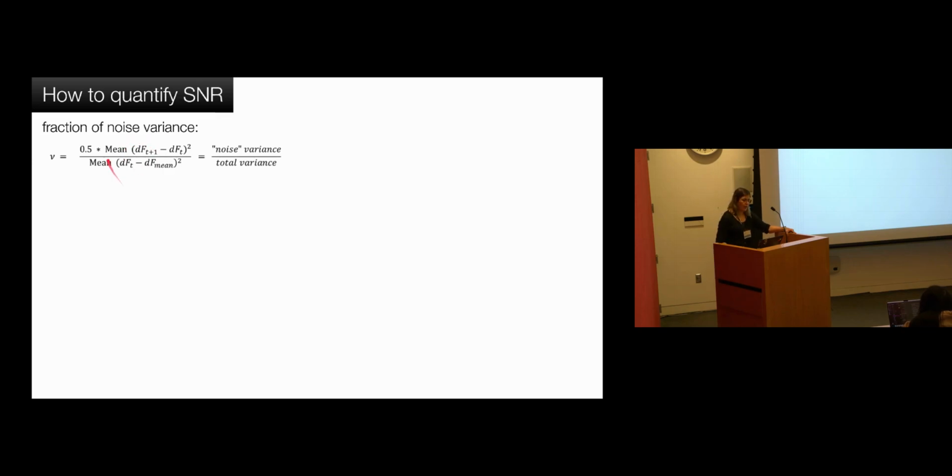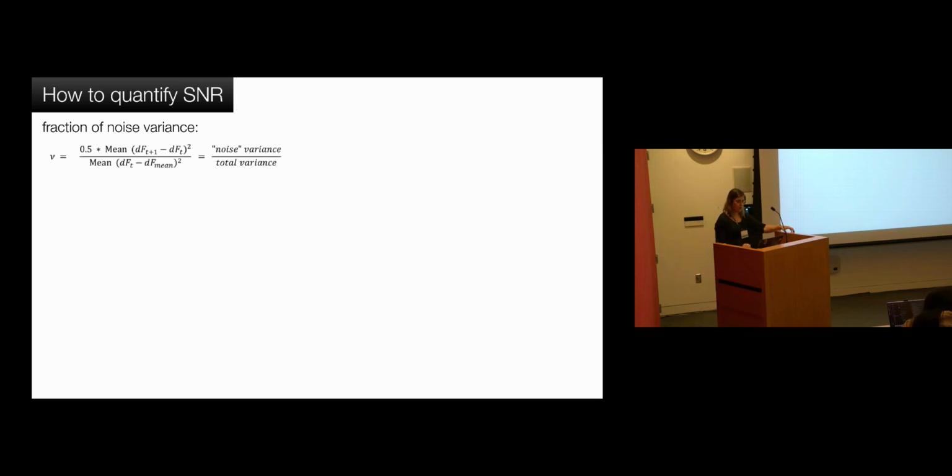We quantify the noise variance as the variance of the difference between time points in our signal. If we have a nice calcium trace that's nice and smooth, the difference between two frames should be relatively low. But if there's a lot of photon shot noise on top of this, then the difference between two time points would be quite high, because there's just noise adding on top of it.